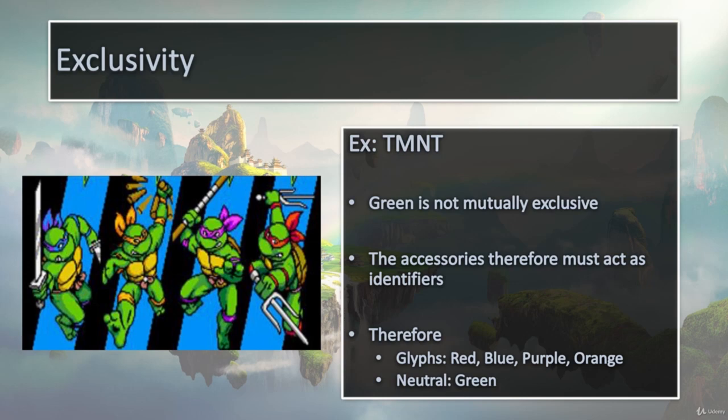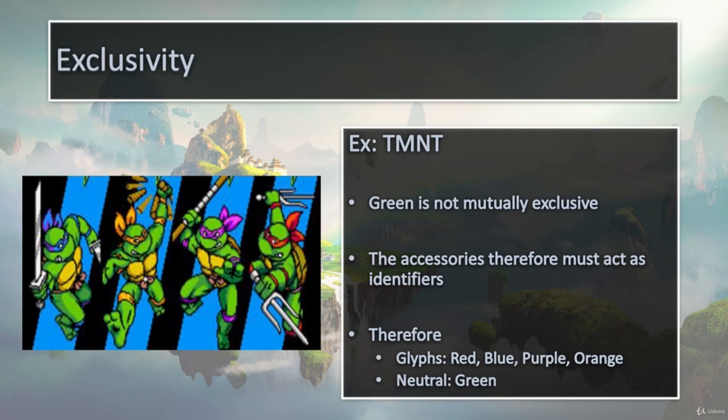Well, having some sort of accessory to act as the identifier must be in place in order to properly distinguish them from the other ones. So we create our own glyphs. For the example of Teenage Mutant Ninja Turtles, our glyphs are red, purple, blue, and orange, associated with their bandanas and pretty much all their other accessories, their ropes and their belts and all that stuff.